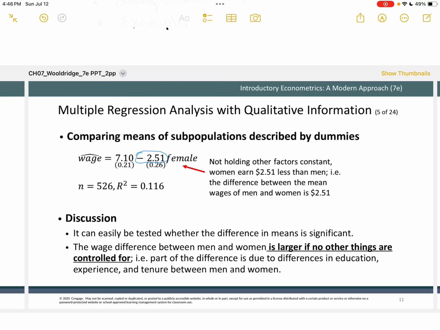Again, the wage difference between males and females is larger if no other variables are controlled for. Like we controlled for education, experience, and tenure earlier on, where we had a gap of $1.81, and here we have a gap of $2.51 when we do not control for any other factor.